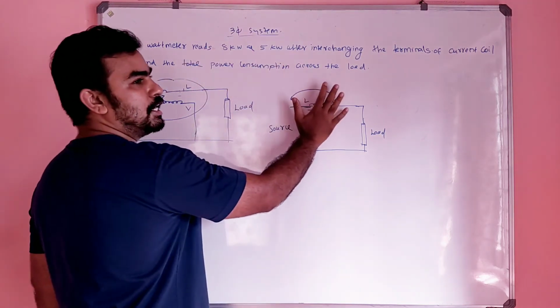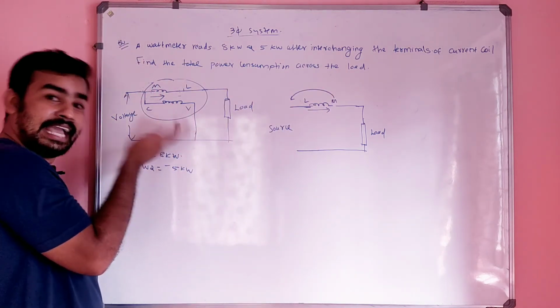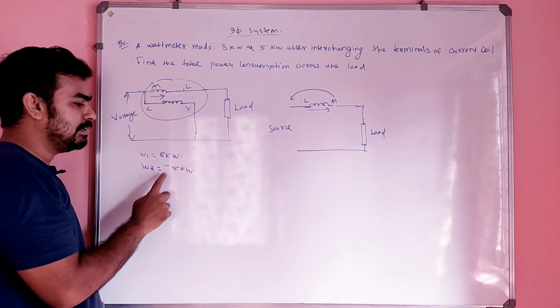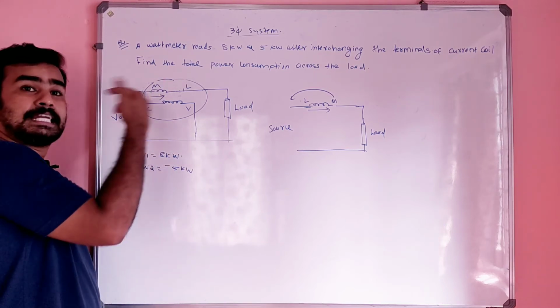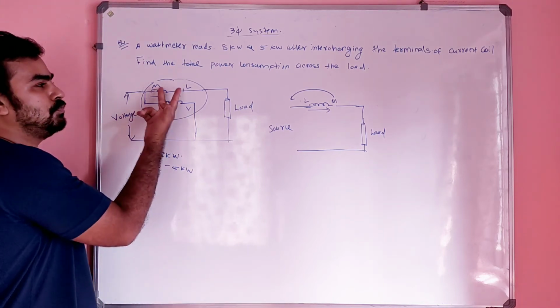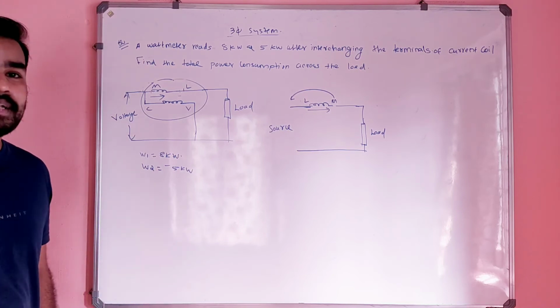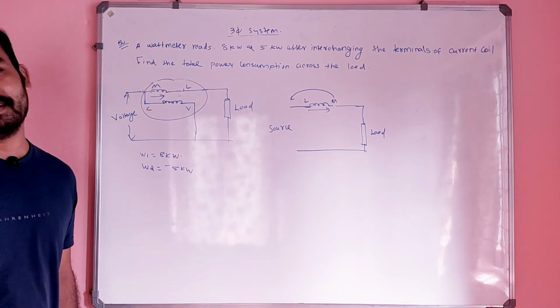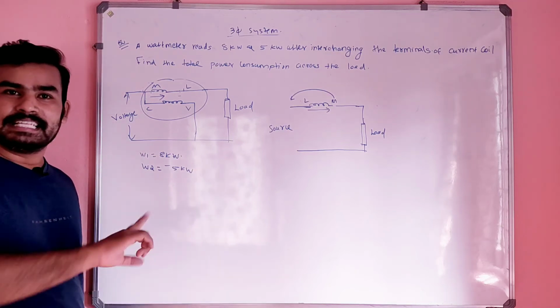You can change either the current coil or the terminals of the pressure coil, then the reading will be negative. But if you interchange the connections of the current coil and the pressure coil simultaneously, there will not be any sign change in the power. That means the wattmeter will indicate a positive reading.